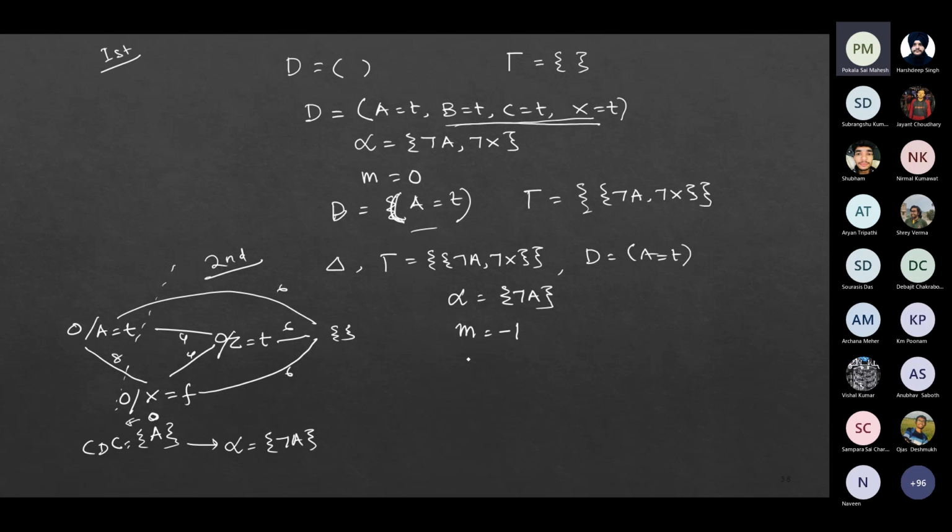Now if you do that, what will be D? D will be empty because we'll be removing all the assignments after m equal to m plus 1, assertion level plus 1. And what our delta will become, gamma will become? Gamma will be not of a, not of x, and not of a.